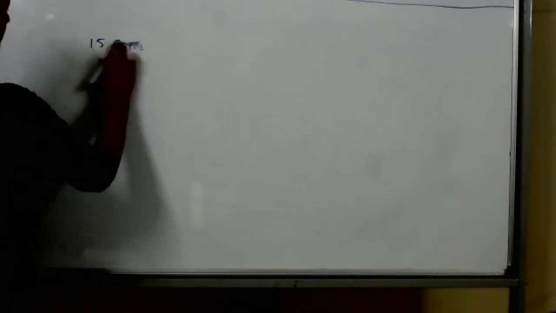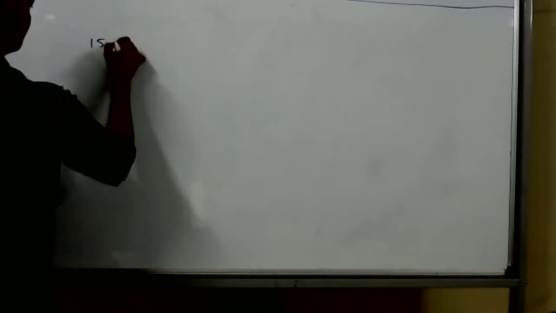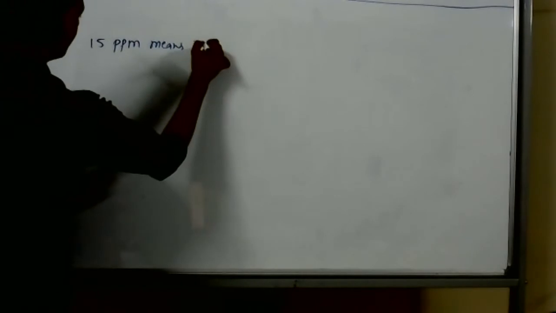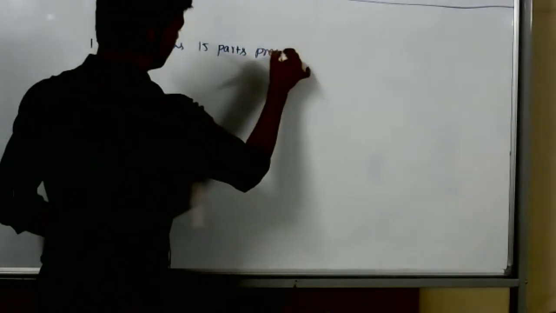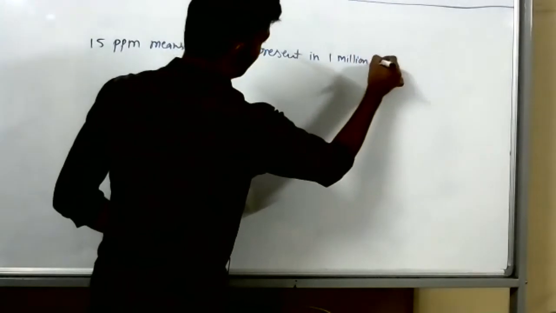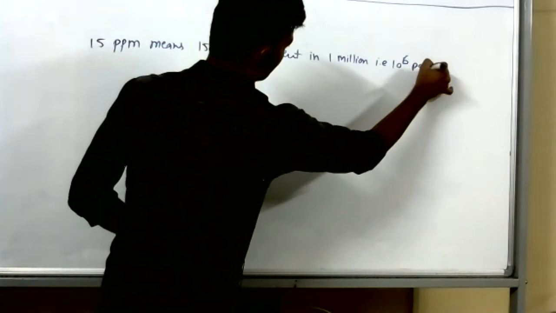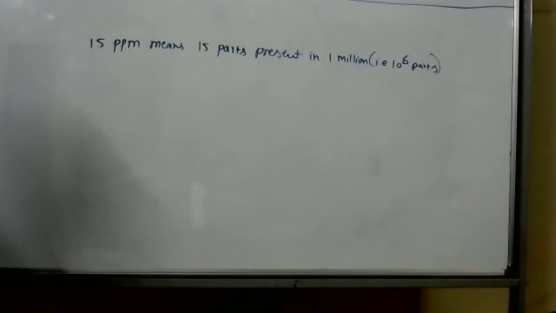Sorry, ppm means 15 parts present in 1 million, that is 10 power 6 parts. Yes, that is the meaning of 15 ppm. Okay, next.